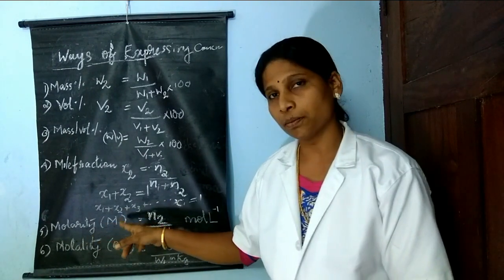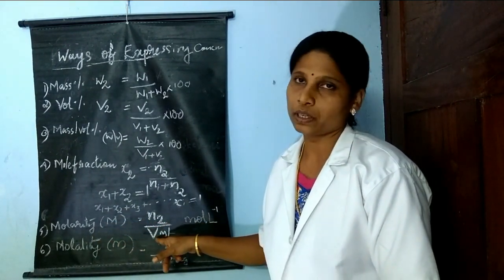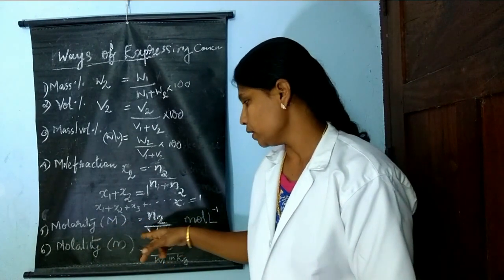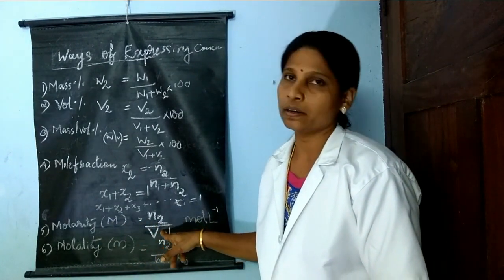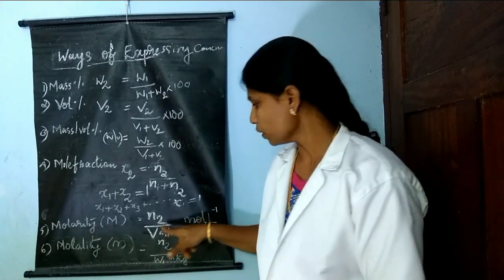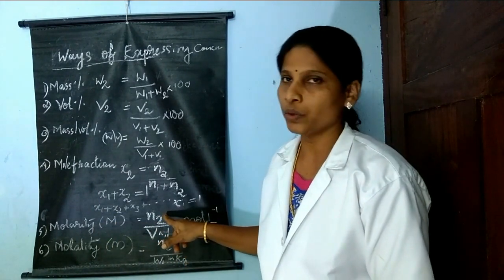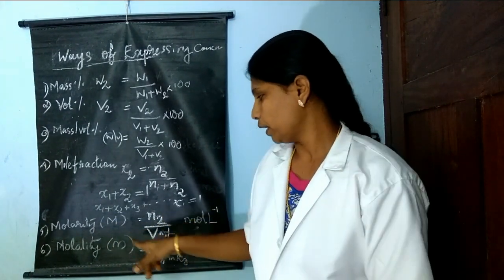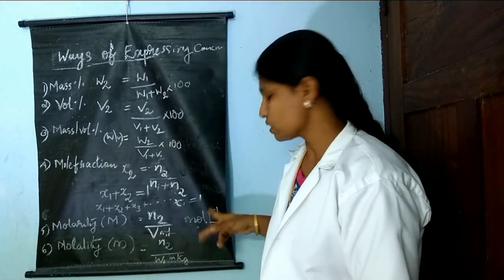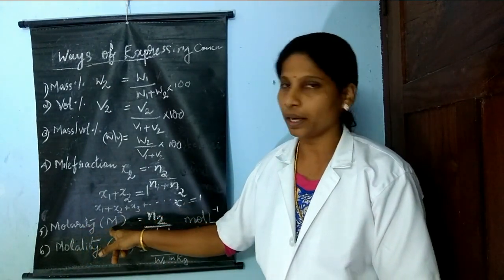Therefore, molarity M is equal to N2 divided by V in liter. Molarity: number of moles of solute dissolved in 1 liter of solution. The unit of molarity is moles per liter.